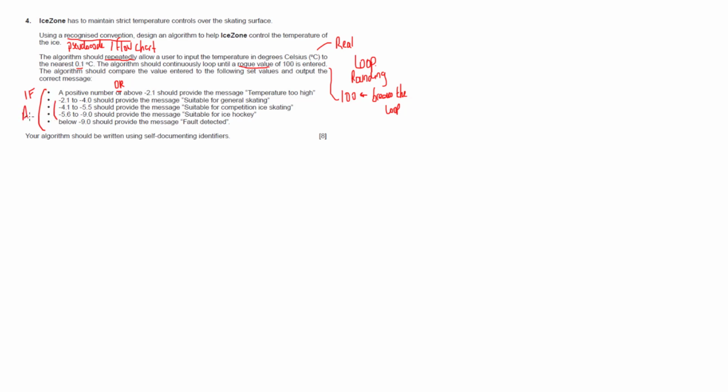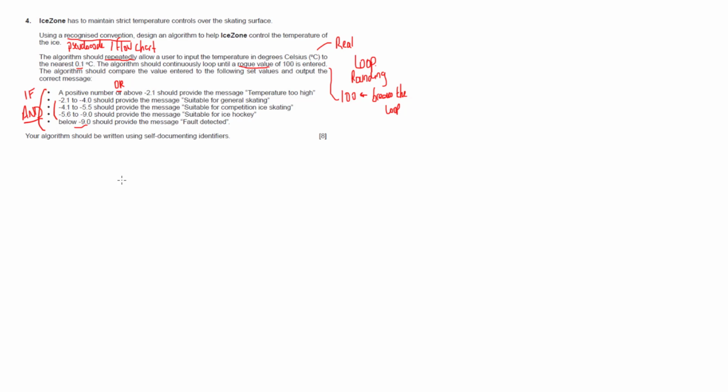And the best thing for a range is the AND logical operator, because it needs to be between minus 4.1 and minus 5.5, or in between those, should I say. So that's where the AND condition comes in. And then finally, we've just got below minus 9. So they're the things I picked up from my initial reading of the algorithm.